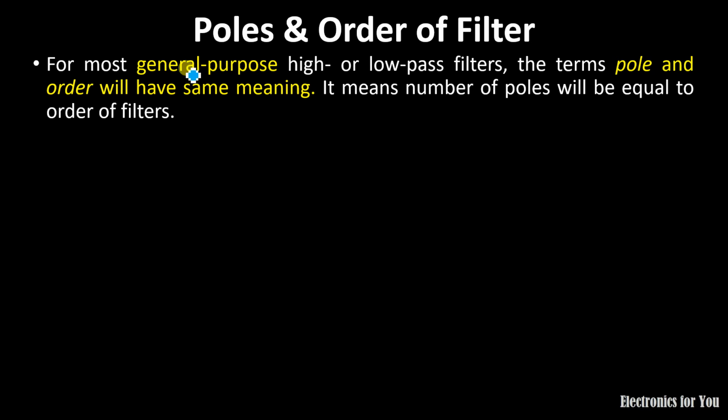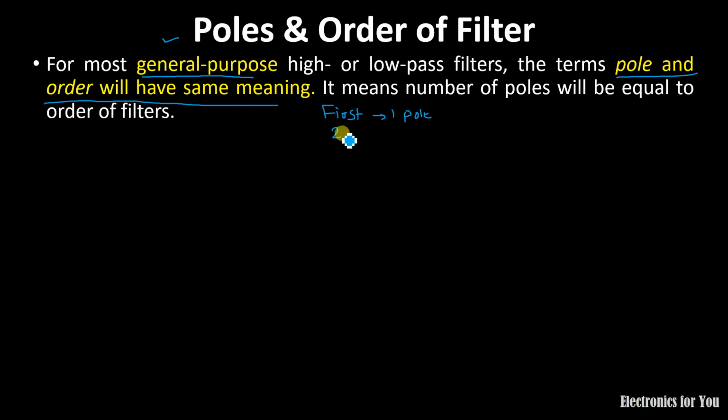Now let's move toward the next concept, that is poles and order of filter. For a general purpose filter, pole and order have the same meaning. It means that if we have a first order filter, then its pole will be 1.